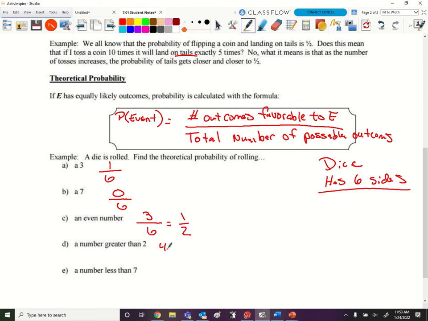So that means there's 4 numbers greater than 2 out of 6, and that reduces down to 2/3. Now, a number less than 7. On a dice, all numbers are less than 7. So that's going to be 6 out of 6, which reduces to 1. So that is a guaranteed probability there.